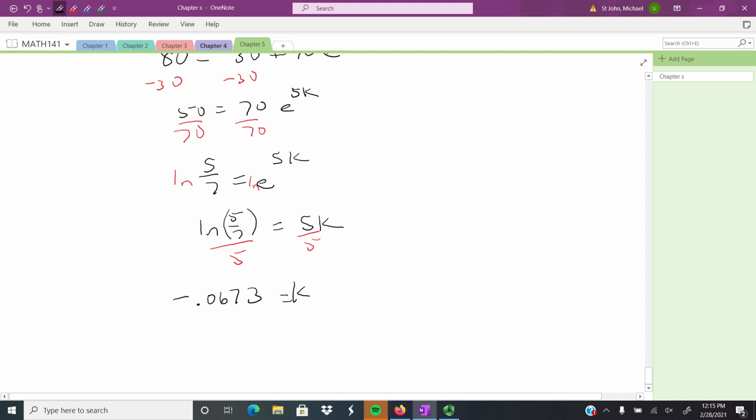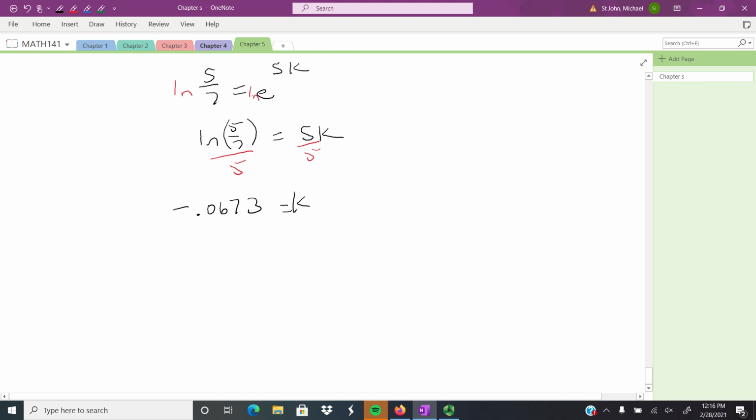And now we know that, we can answer the question. And so we have that 50 is going to equal 30 plus 70e to the negative 0.0673t. And again, we're going to solve, so subtract 30.